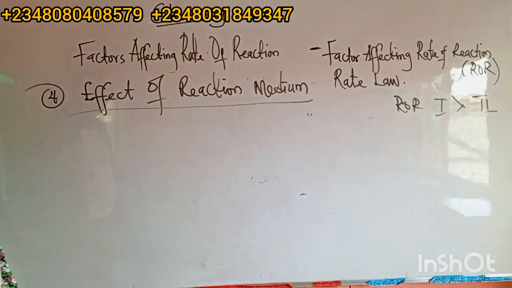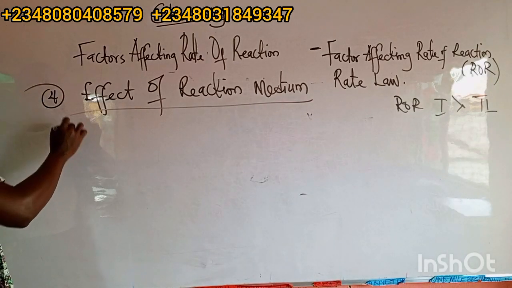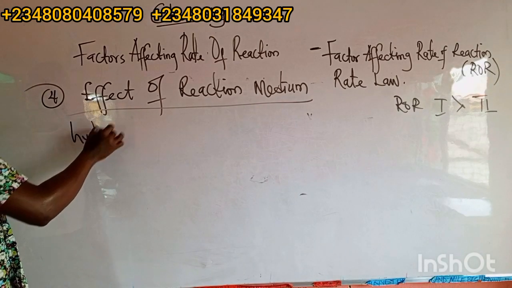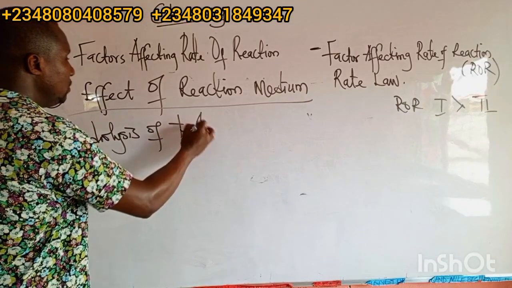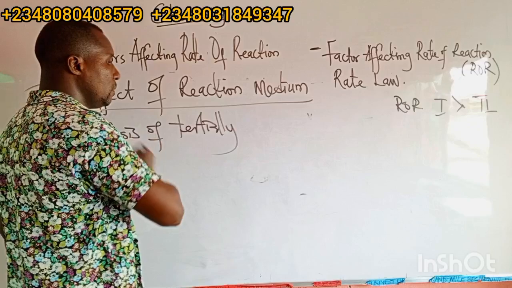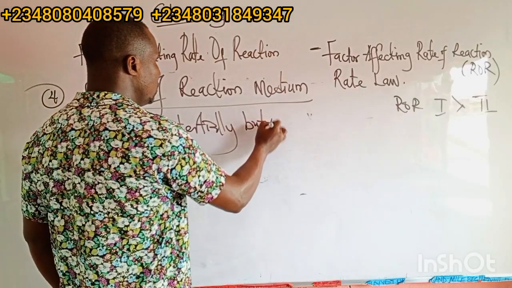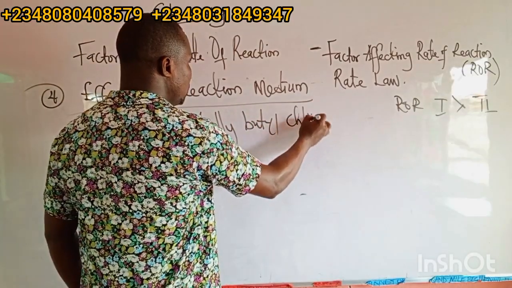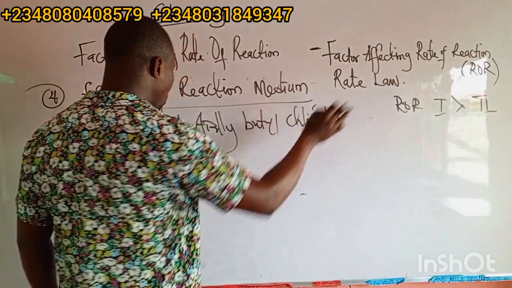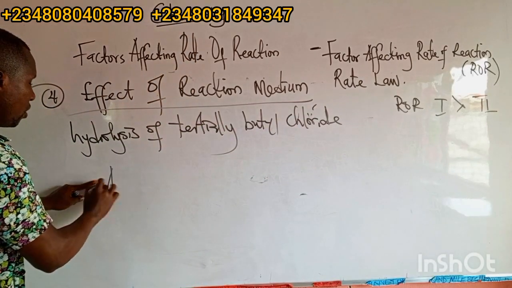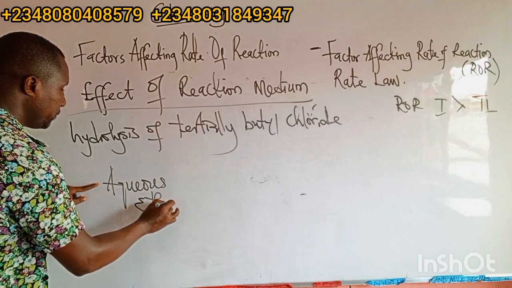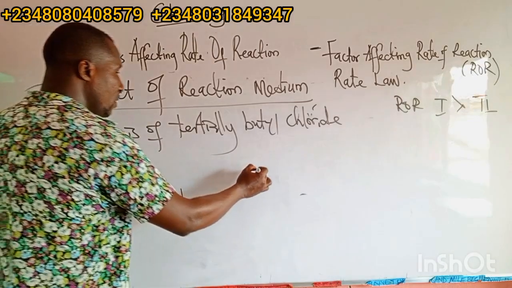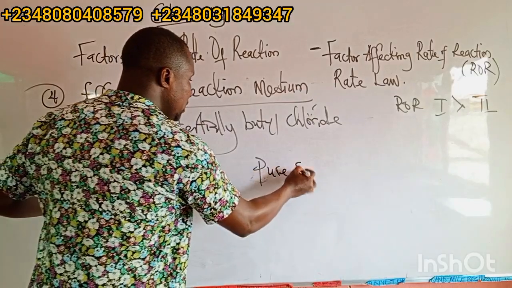How does it affect? For example, when you have hydrolysis of tertiary butyl chloride, when you have this butyl chloride in aqueous ethanol, and you have pure ethanol.